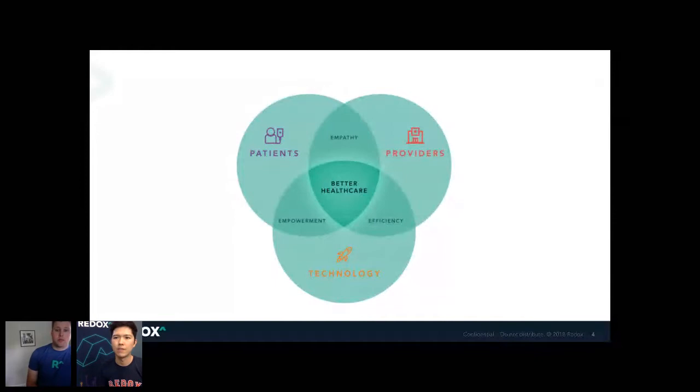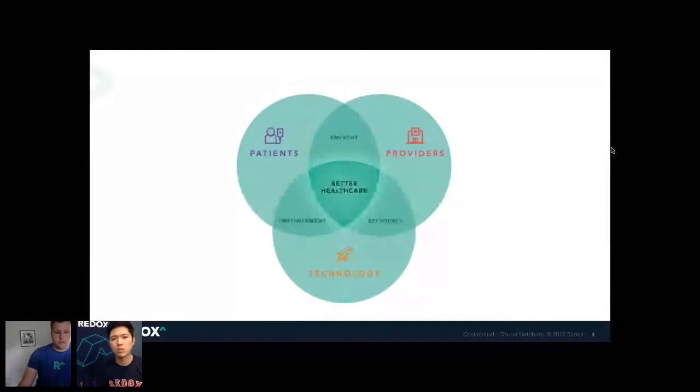A lot of providers talk about how technology should make them more efficient. On the patient side, we should see technology bring empowerment and engagement in their care, in their care plans, and their medication adherence. So this is the relationship we see technology playing in the healthcare space.